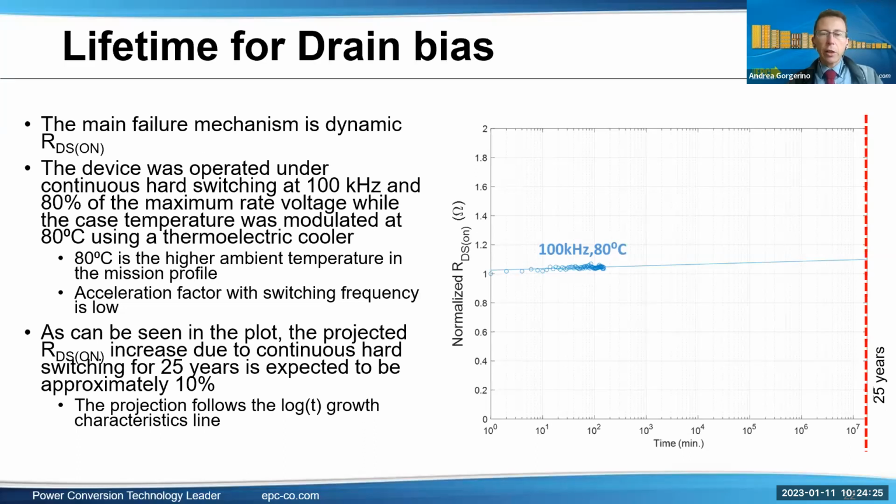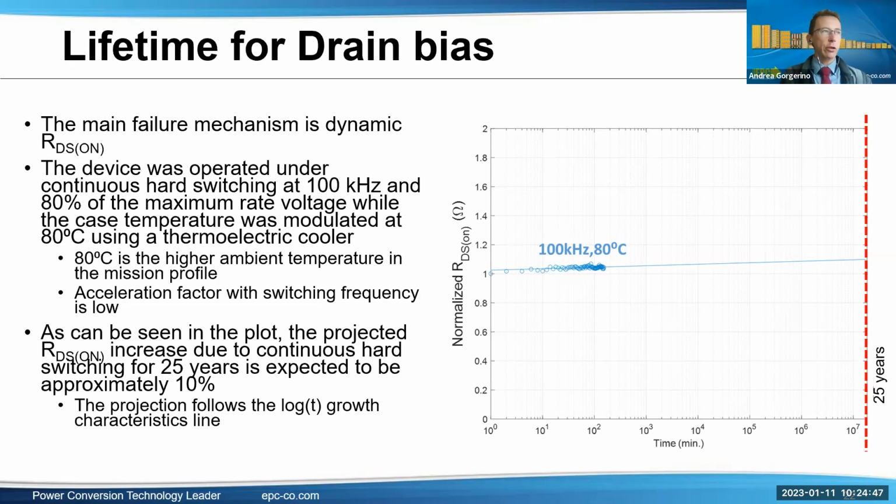One comment is that the acceleration factor versus switching frequency is quite low. That's why we show 100 kilohertz. You can find all those curves for different frequencies in the reliability report I mentioned before. And again, the increase after 25 years will be about 10%, which is within our spec for dynamic RDS-on. I also want to stress this is not a hard failure.